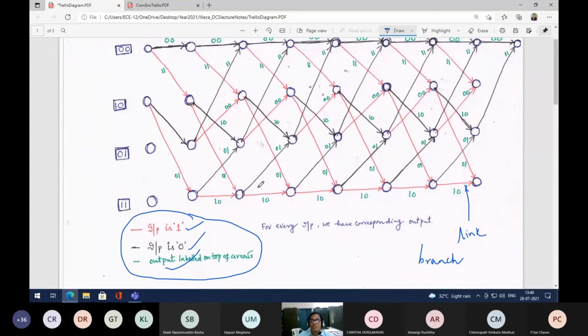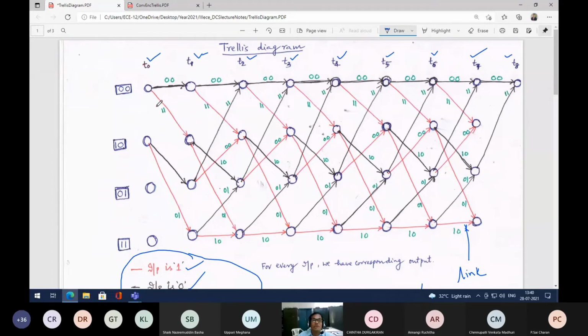Now the important point to check here: after mentioning the output on each branch, on each link, with the green color which I have used, are you able to differentiate this one and this one from the diagram? Do you have any confusion? Let me know.